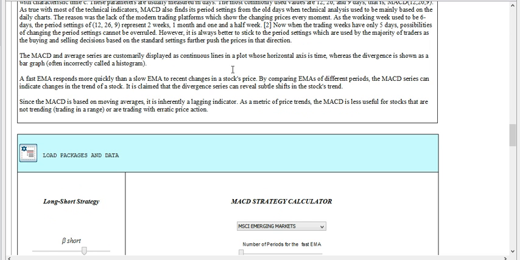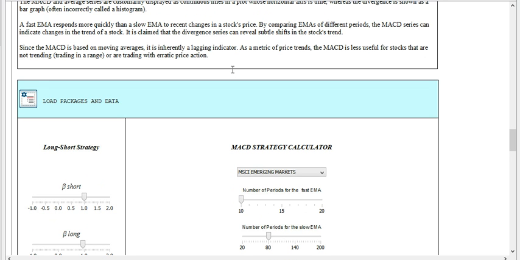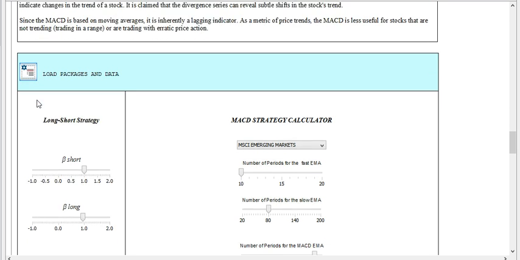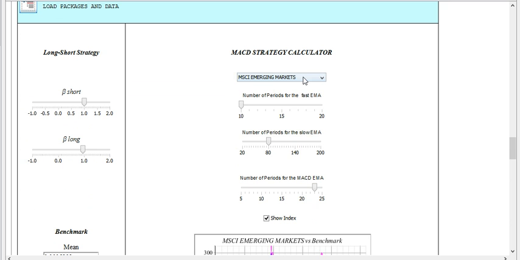But let's just see how we can make money in emerging markets when the SMA approach didn't work. So, as I said, I need to load packages and data. Never forget doing that. It's very, very important because the algorithms are loaded here, and everything needs to be nice and ready. So we have here our emerging markets.